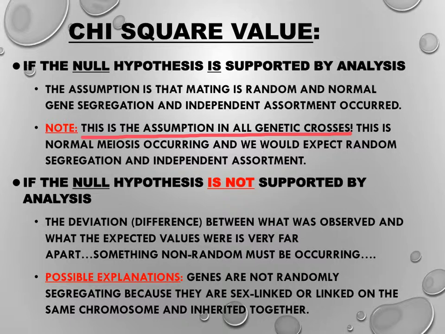So if one part gets inherited, it means the entire thing gets inherited. So instead of inheriting one trait, you actually inherited 3 different traits. The other thing that can cause some non-randomness would be mutations. Okay, so all of these could be possible explanations for why you're seeing that big difference between your numbers.